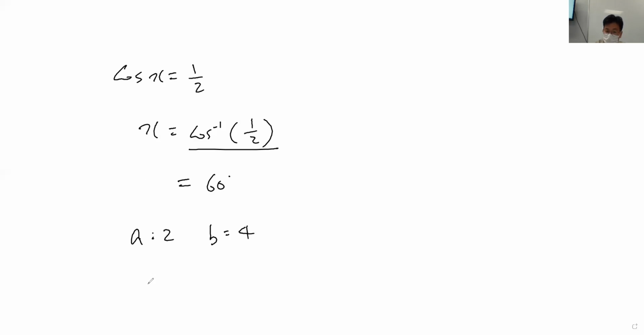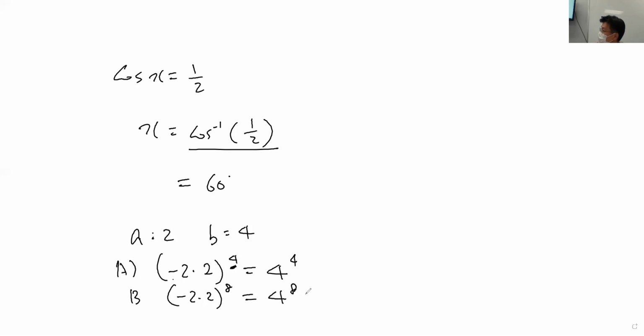Then for A, minus 2 to the 4th power, which is 4 to the 4th power, because minus is just plus because it's an even number. And then B, minus 2, and then 2B, so it's 8. So 4 to the 8th power. And C, 4 to the 4th, and D, 2 times 2 to the 8th power.